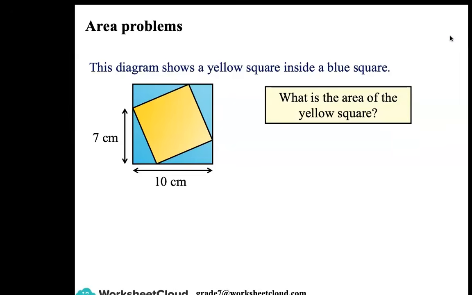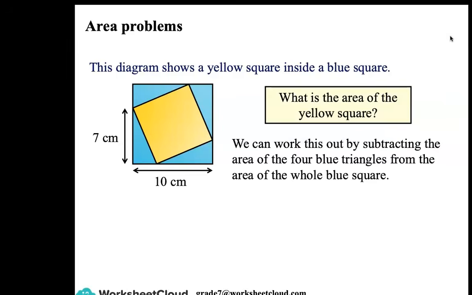Okay, guys, so to work out the area of the yellow square, we can actually work out the area of the 4 blue triangles surrounding the yellow square, and then subtract that from the total area of the blue square. The first thing to notice in the question is it tells us that it's a square, and therefore the length of each side is 10 centimeters.